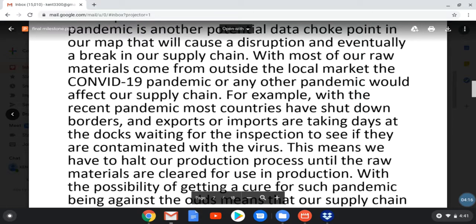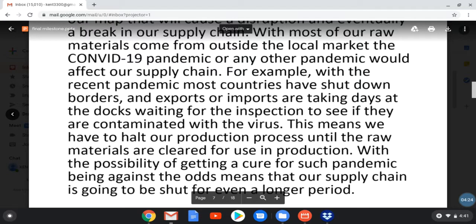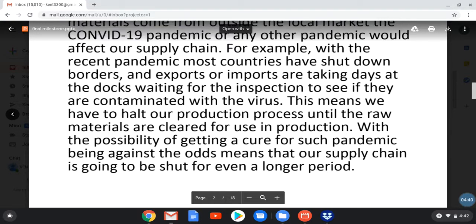Exports and imports have all taken days at docks waiting for inspections to see if they are contaminated with the virus. This means we have to halt our production process until the raw materials are cleared for use in production. The possibility of getting a cure for such a pandemic being against the odds means that our supply chain is going to be shut for even a longer period.